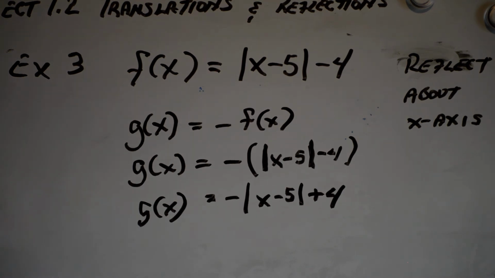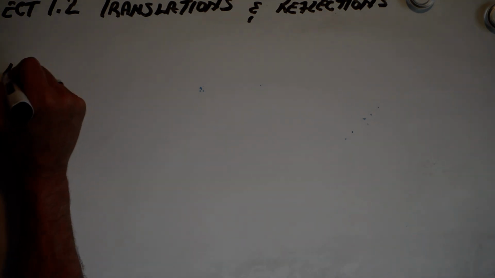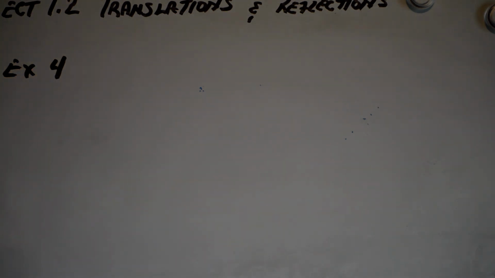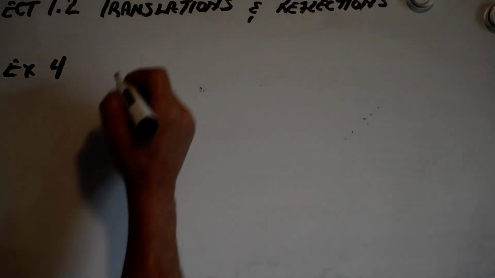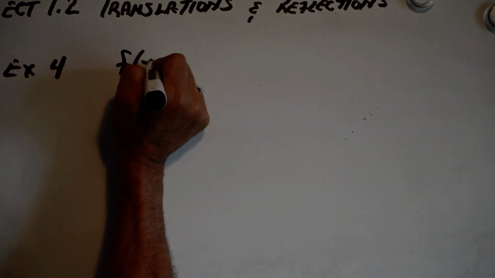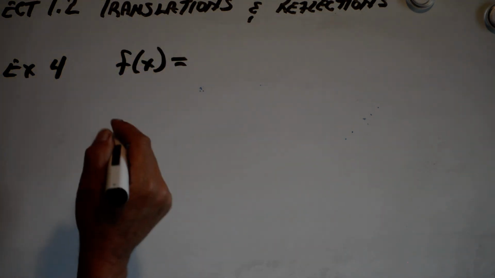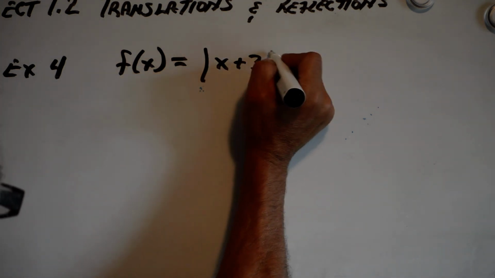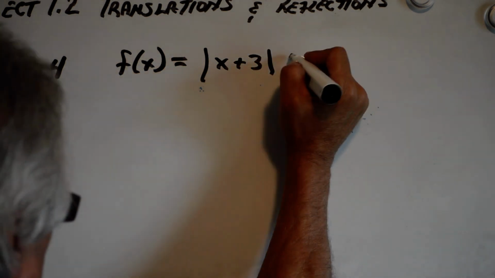All right? Now then, let's do example number 4. That is going to be f of x is equal to the absolute value of x plus 3, plus 1.